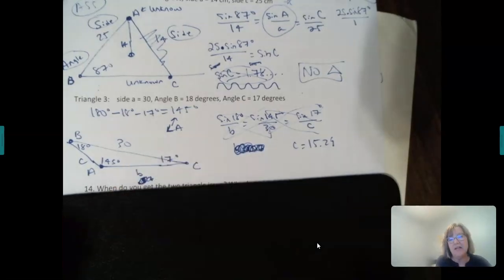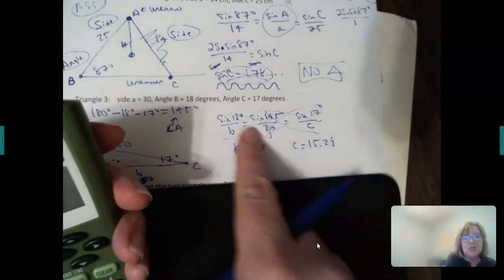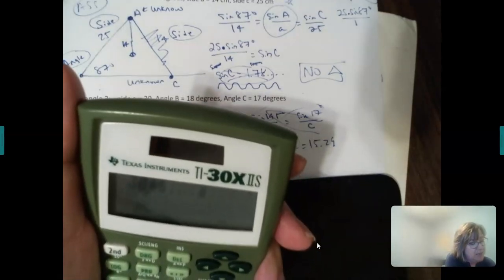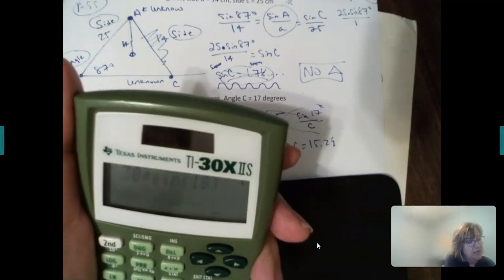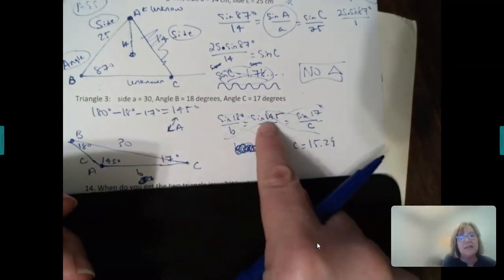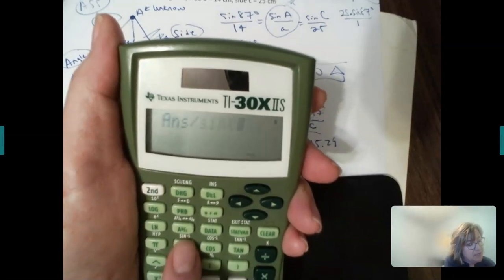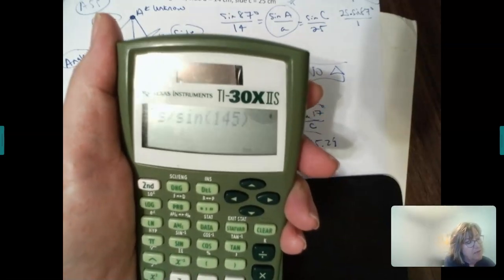Sorry, I typed that in and I got a really crazy answer. So I'm going to take 30 times sine of 18, enter, and then divide by the sine of 145.